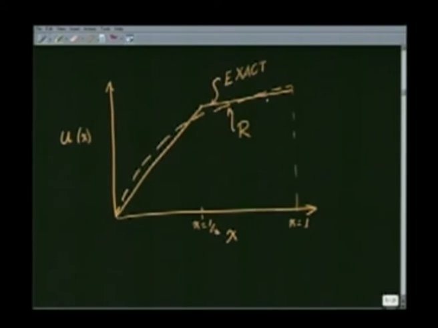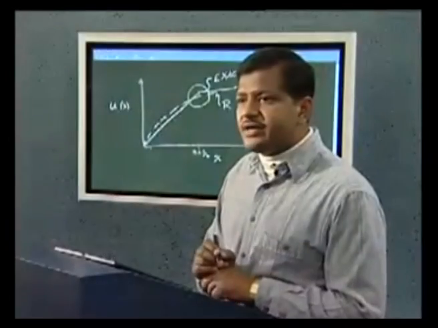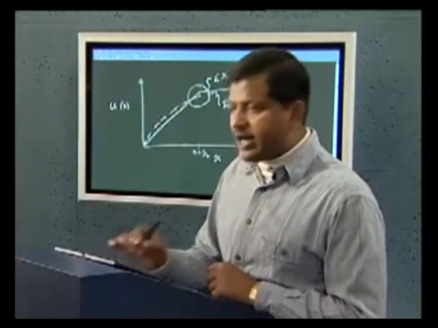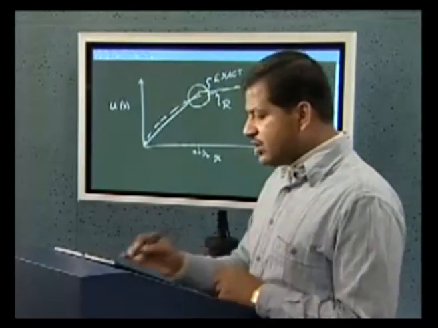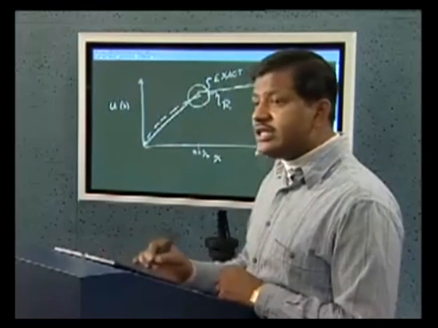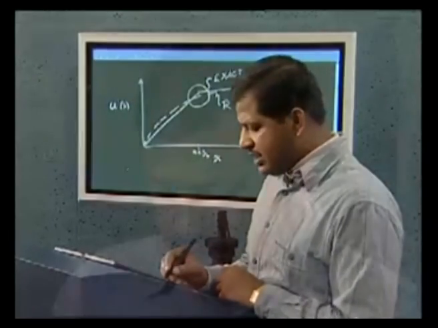That is, what you are going to get as a solution is a polynomial. So at this point x equal to half, you will not be able to capture the change in the slope using the Rayleigh-Ritz solution. Whatever you do, your function may come close in terms of the values at the points, but the derivatives will be completely off at the point x equal to half, because this function is going to get a change in slope at the point x equal to half.